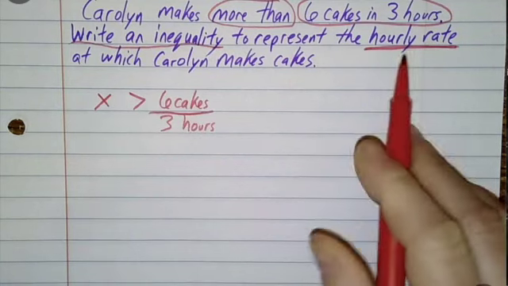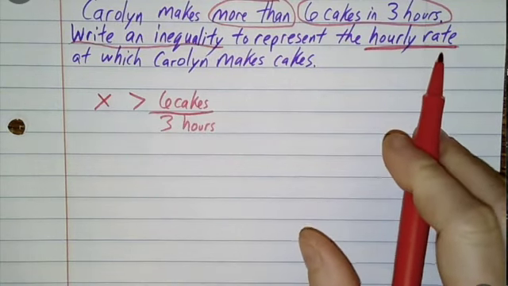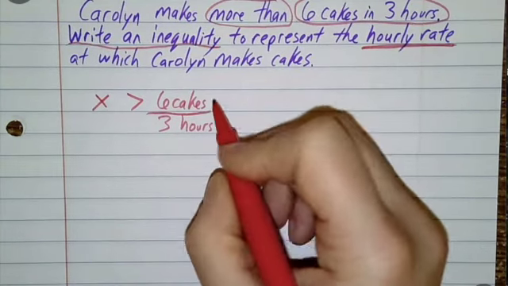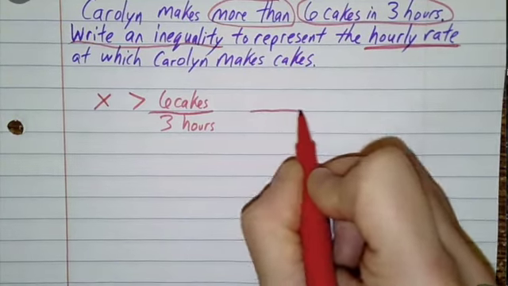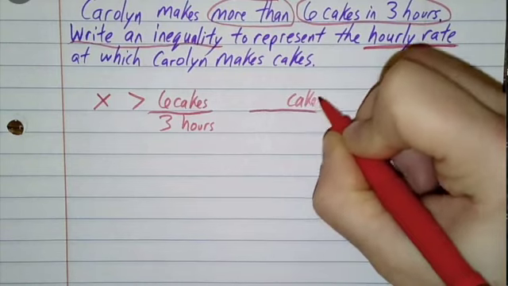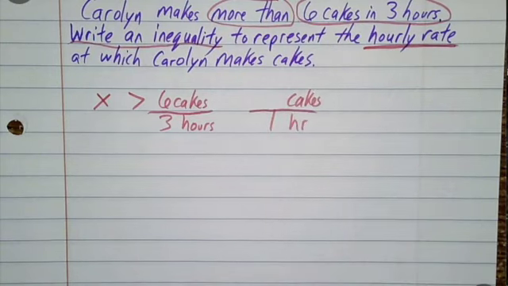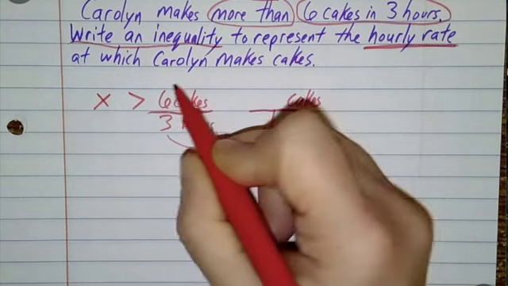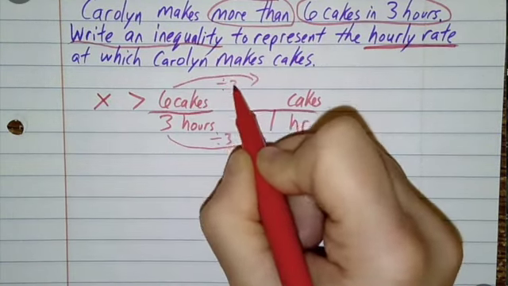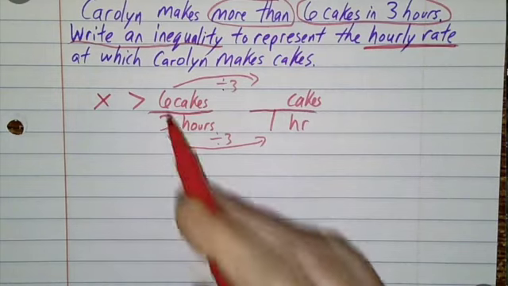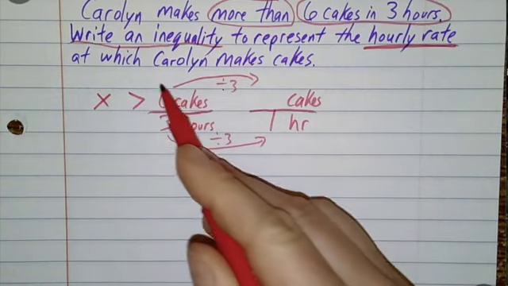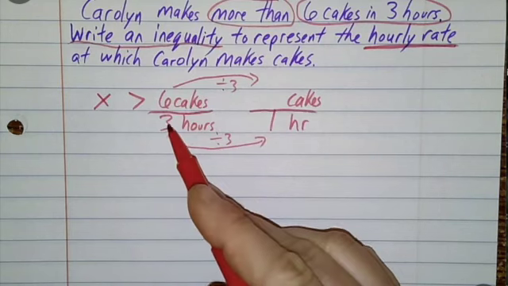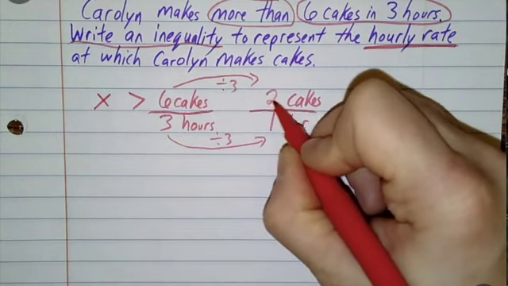But we want to know the hourly rate, meaning how many cakes does she make per 1 hour. So before we would always figure out how to make the ratio cakes per 1 hour. Some people can see it, you just divide by 3, and we'll get the hourly rate. If you remember cross products, 6 times 1, divided by 3, you're still going to get 2 cakes an hour.